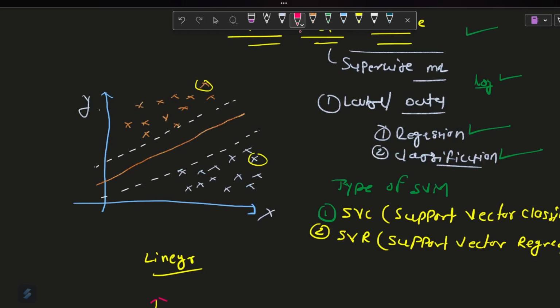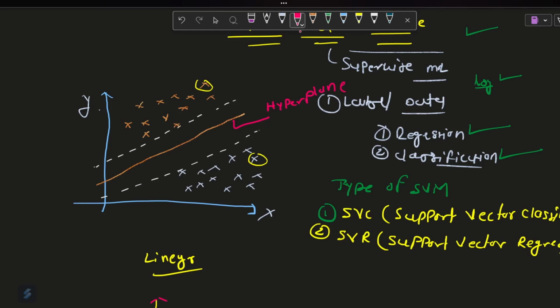Similarly, in support vector machine as well, you will see a line passes through the data. This line is called a hyperplane. On both sides of that hyperplane there are two lines.